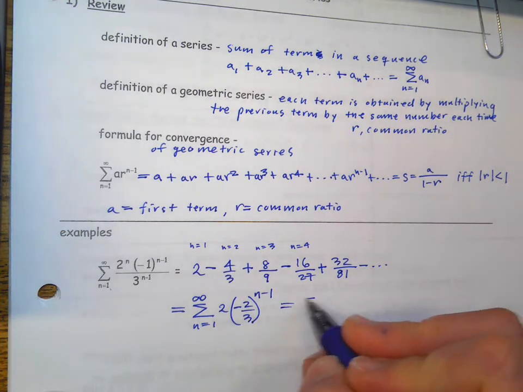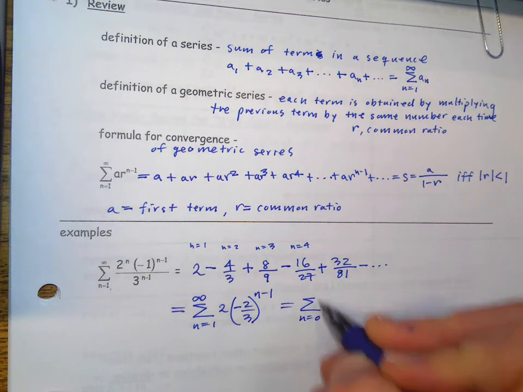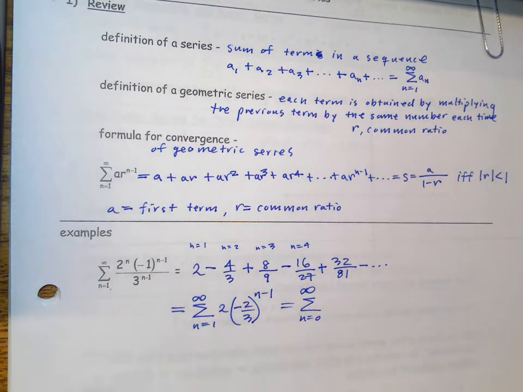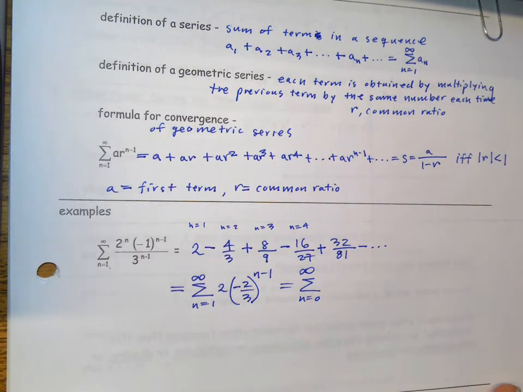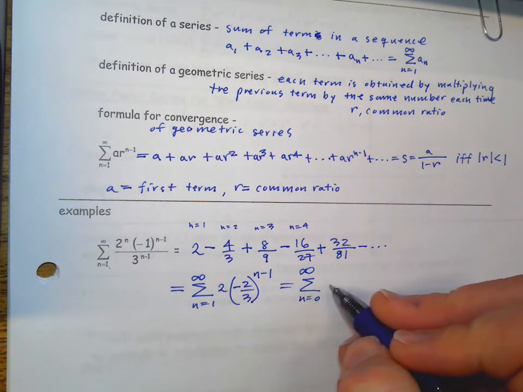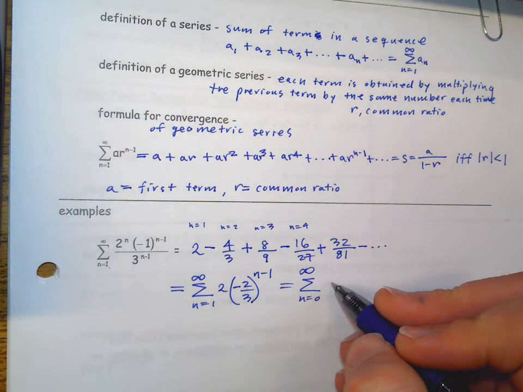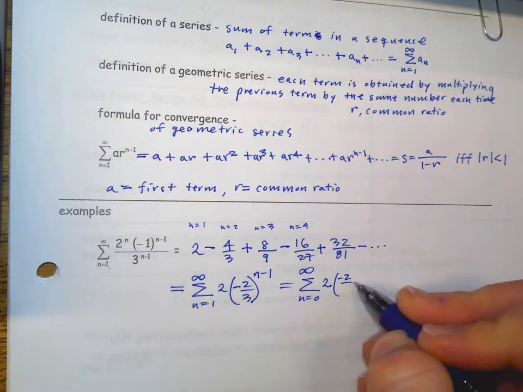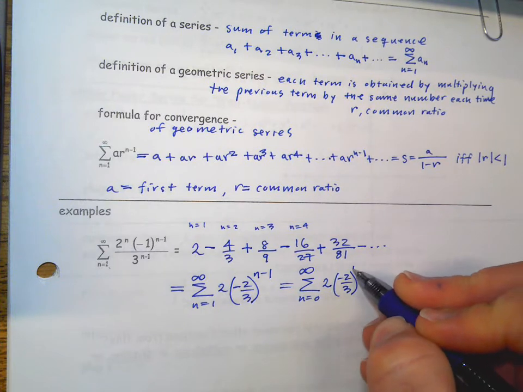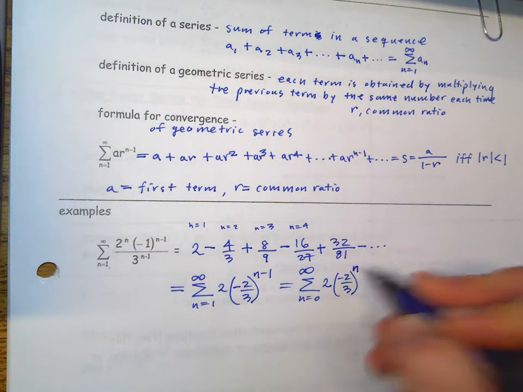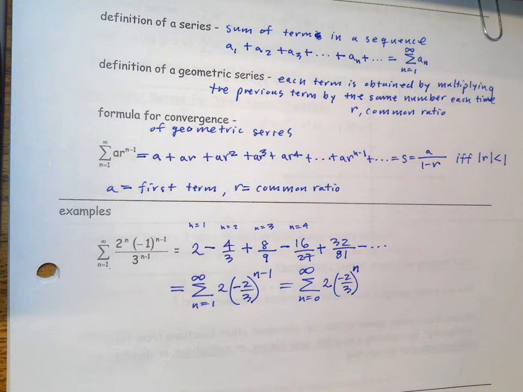We could start n equals 0. You need to be able to do any of these. Sometimes they're given to you like this, sometimes like that. Now, if it's 0, then we're going to have a 2 times negative 2/3 to the n. That's it. That's the same thing. That will give you the same exact series.